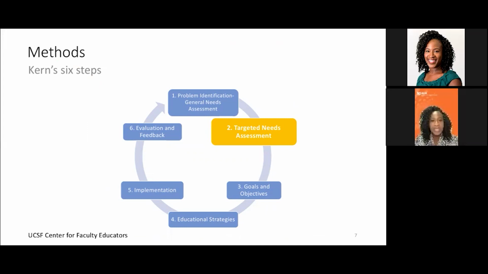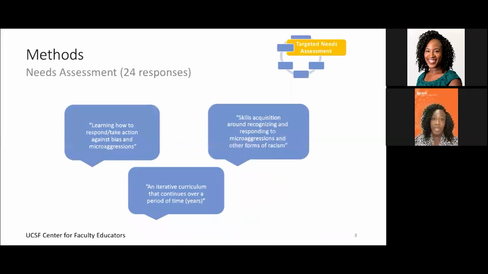We did a targeted needs assessment, and we focused on the CA1 residents because the intention was to pilot the curriculum with them and expand it to all the other trainees within our department. When they were asked what an ideal DEI training would look like, the responses included learning how to respond or take action against bias and microaggressions.